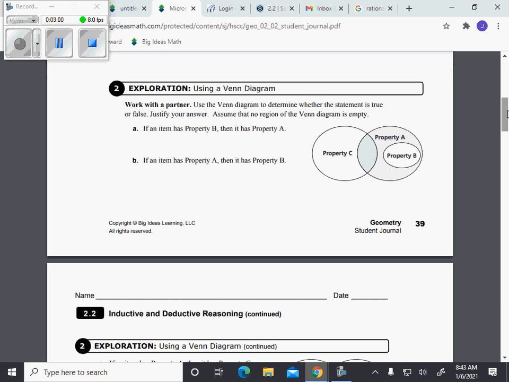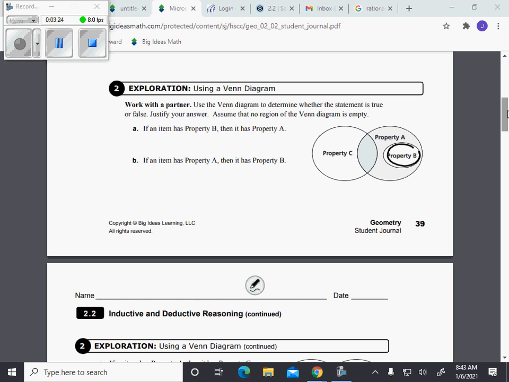Exploration 2. If an item, okay, so here we're looking at this Venn diagram on the right. Okay, and what we're doing is just seeing if the statement is true or if the statement is false, just based on that Venn diagram. Letter A. If an item has property B, okay, so find property B. It's over here, right?